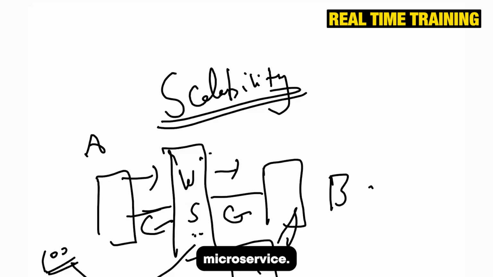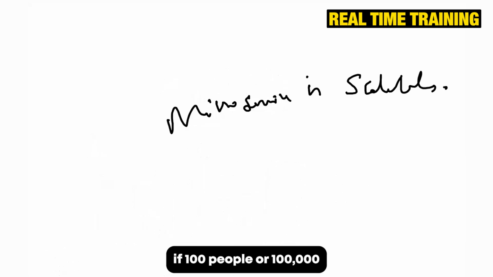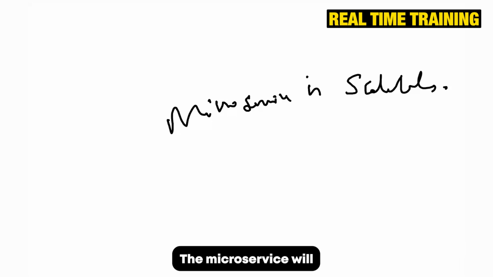But a microservice is scalable. If 100,000 people are triggering it, or all booking for the flight, or they all need some information and applications are interacting, the microservice will multiply, and then it will reduce.